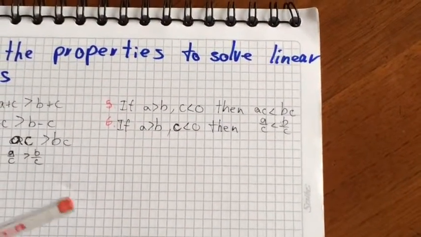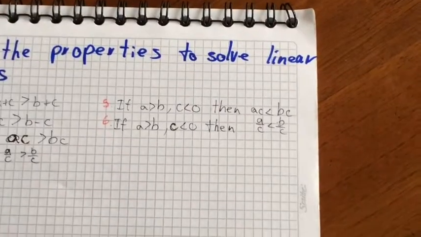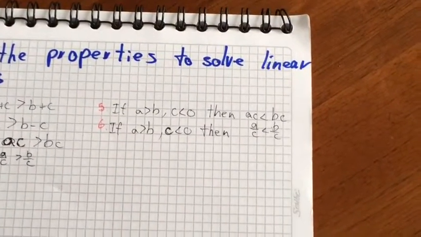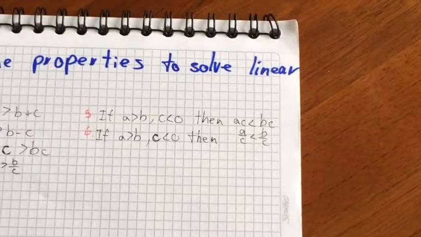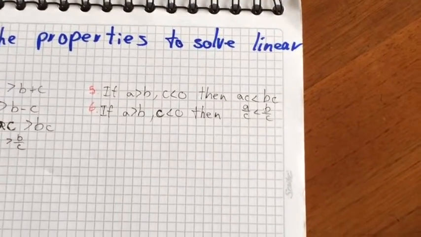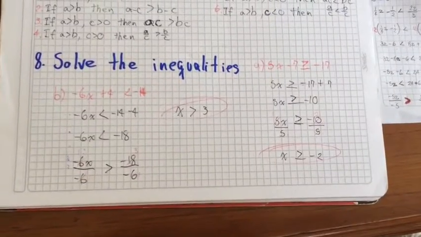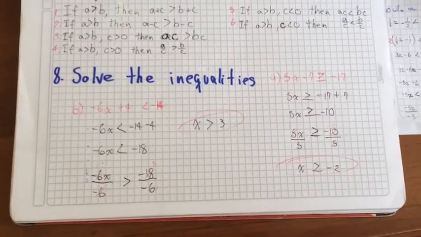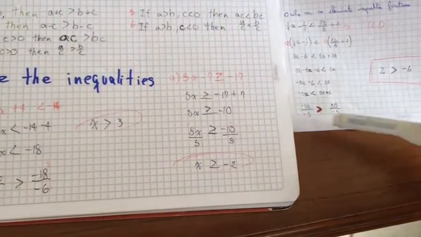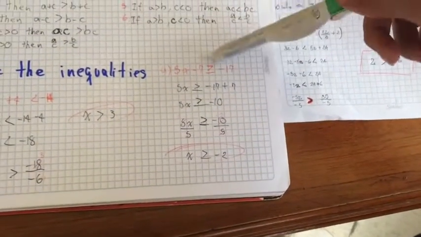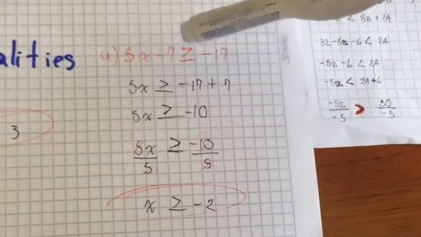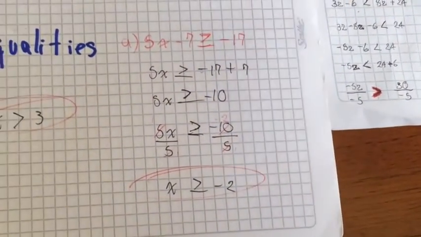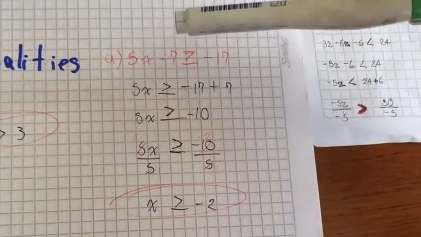And 6. If a is greater than b and c is less than 0, then a divided by c is less than b divided by c. The 8th question is solve inequalities. So in this example we have 5x minus 7 greater than or equal to minus 17.